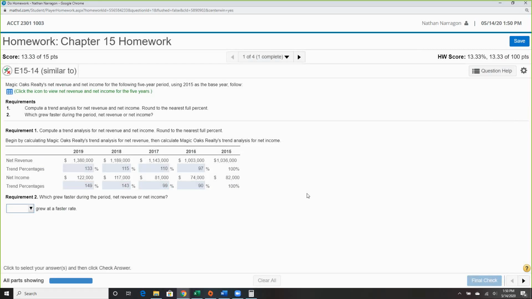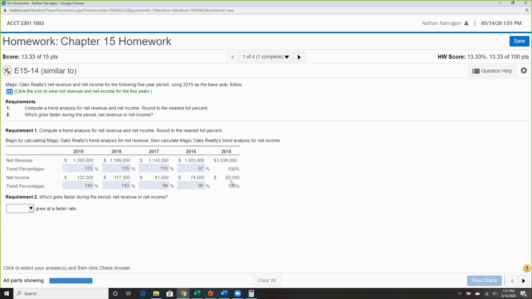Alright, now we want to see which grew faster during the period, net revenue or net income. So when we look at this trend, again, you're looking at the base year and you're comparing the percentage. So basically, you're trying to figure out, well, which one grew at a faster rate?